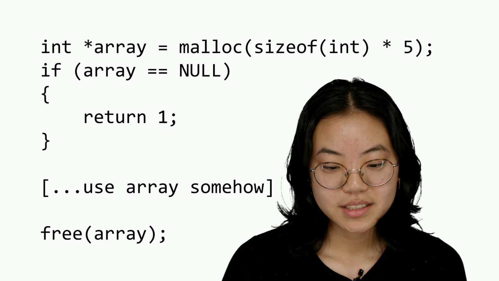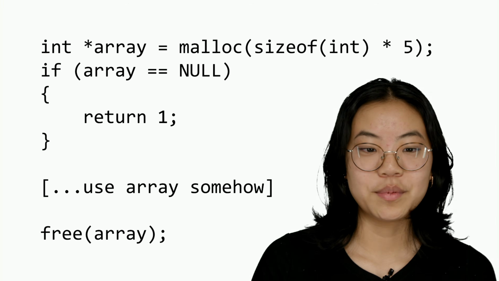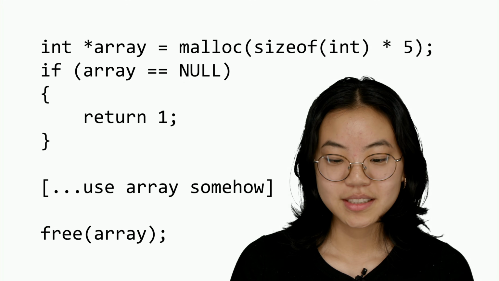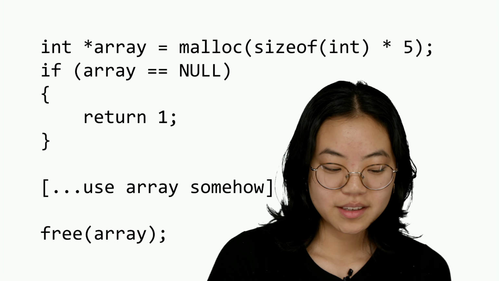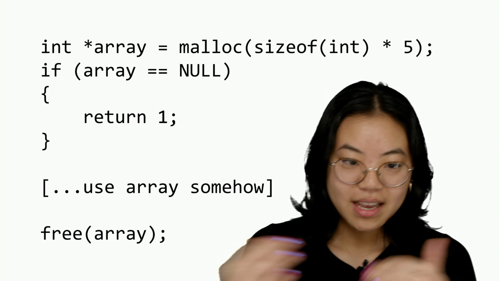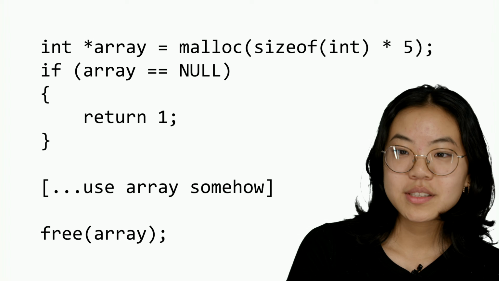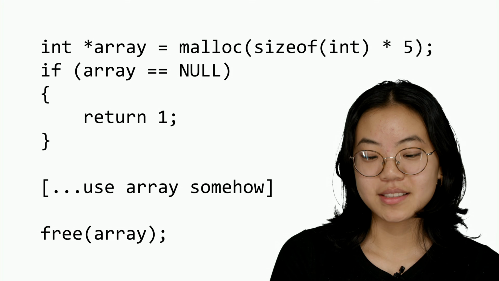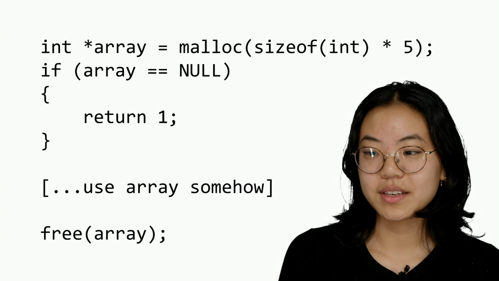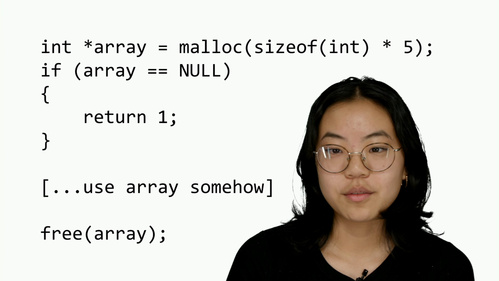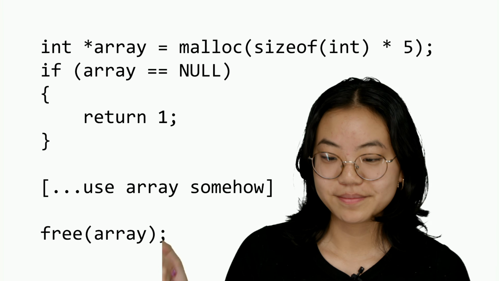If it is null, there's nothing to do, the computer didn't have enough memory to give us, we should return 1. Then we might use this array pointer somehow, but at the end of that program, we always need to make sure that we're freeing this array, or freeing that memory that the computer has given us. Otherwise, we're going to run into some memory issues.